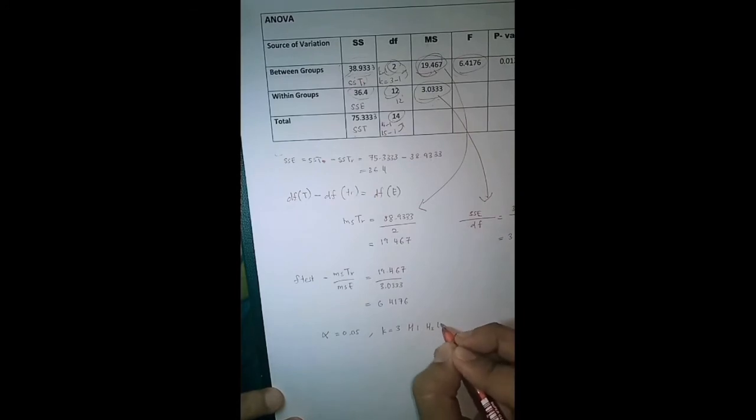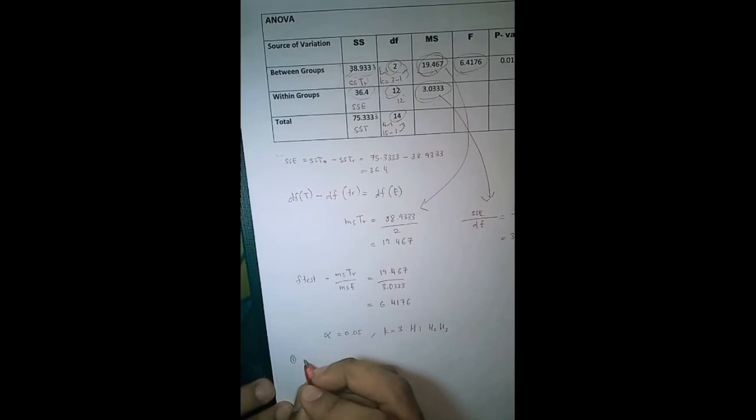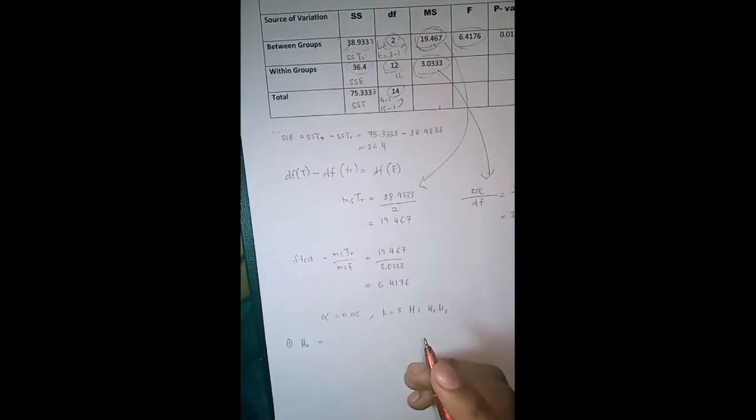The first one is H0, the null hypothesis.